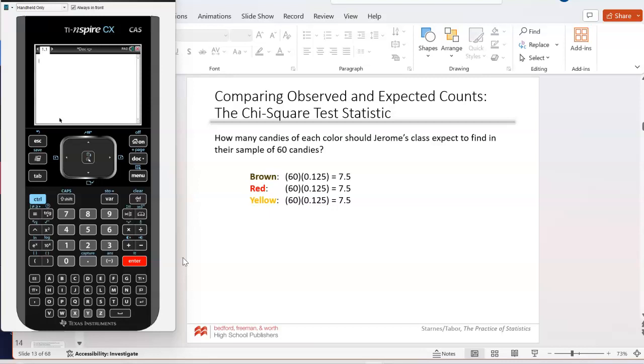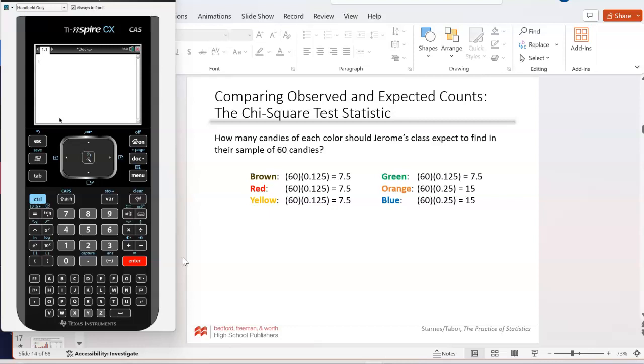Those three colors, you would expect around 7.5 M&Ms to be brown, red, or yellow each. And those had some differing, so two of those were more popular. According to the breakdown, orange and blue are the most popular, and so those you would expect about 15 M&Ms, or about a fourth of the M&Ms to be orange or blue. So those are what you would expect.